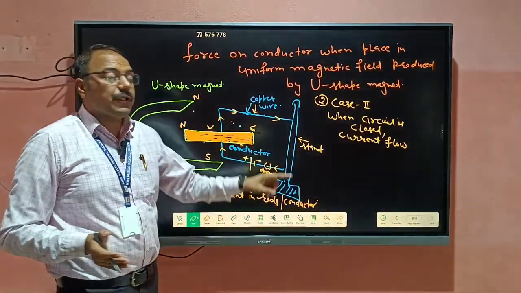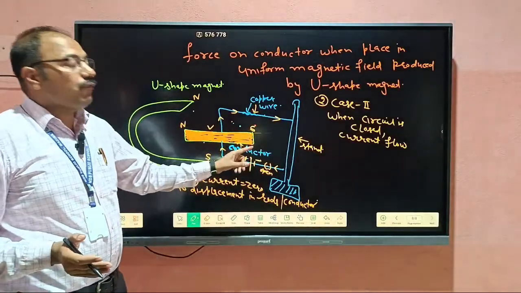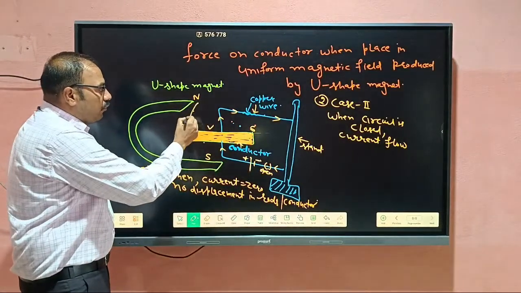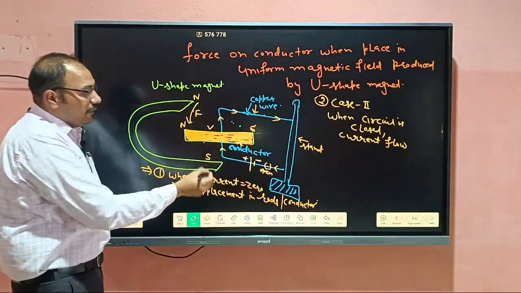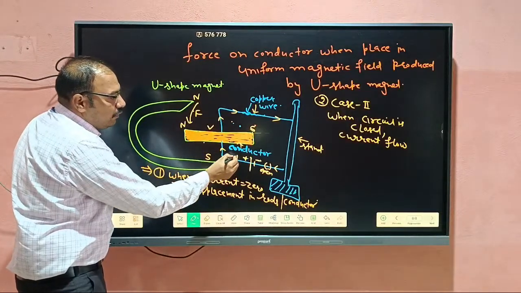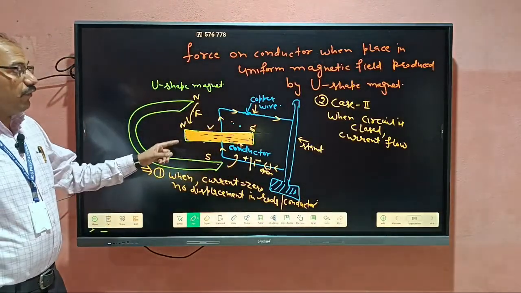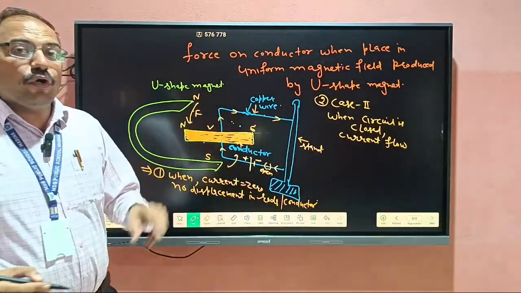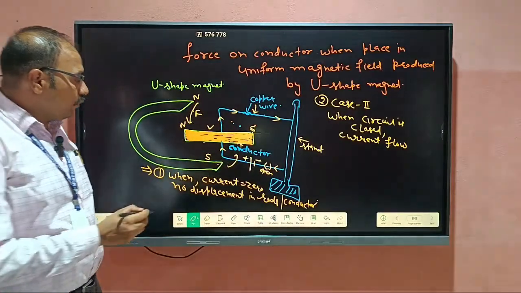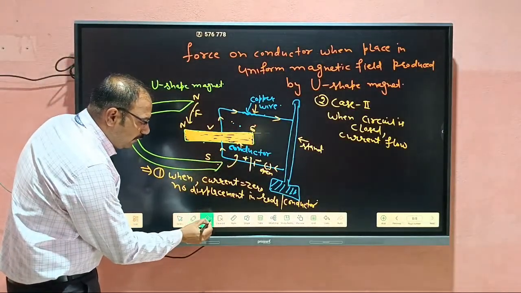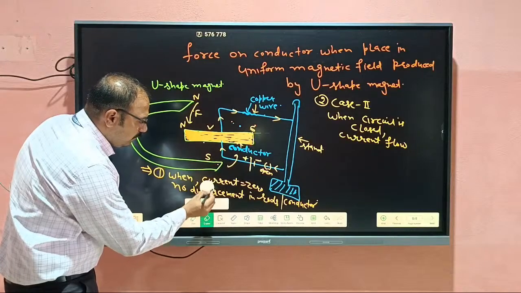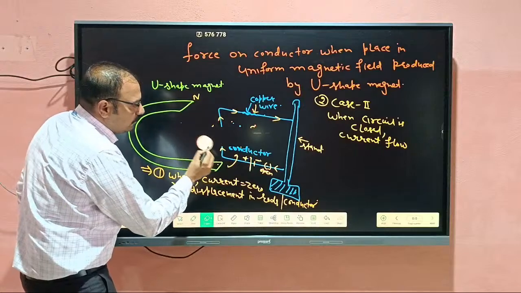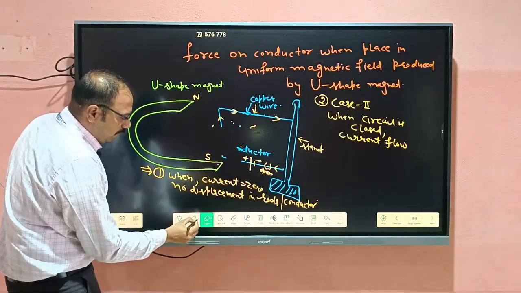So this is the condition when the circuit is closed and current is flowing in the circuit. So what is the position of the conductor here? This applies force here. So they repel each other, and this is south, so they also repel each other. So the position of the rod changes. So displacement in the rod is observed. So we can say force is applied by the magnetic field. So how do we draw this? So we make the position.